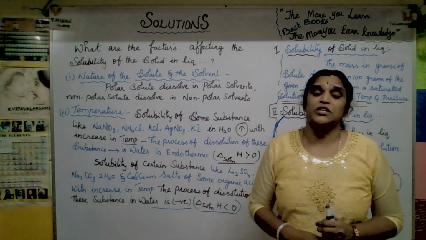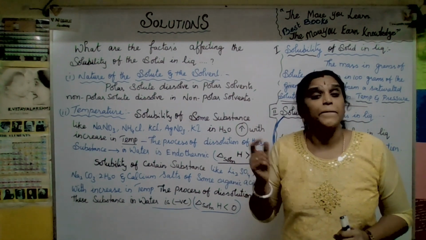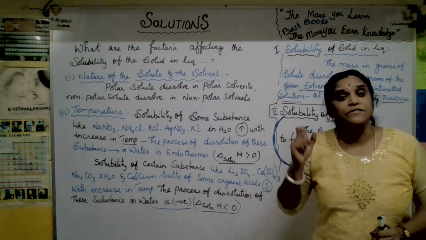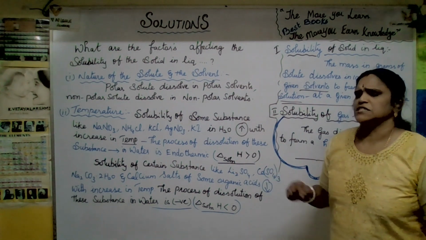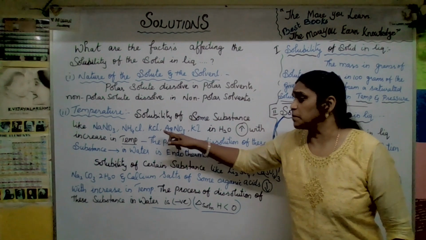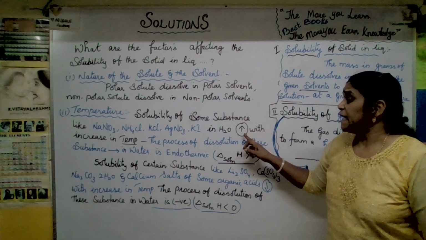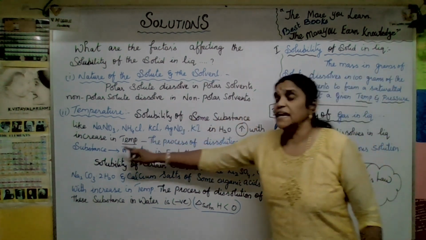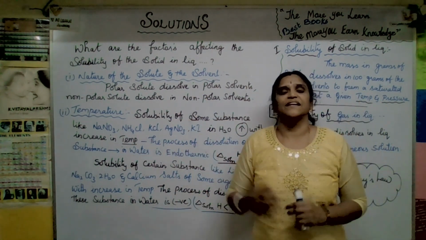Questions may be choose the correct answer or matching type, like brain teasers. The solubility of some substances, sodium nitrate, ammonium chloride, potassium chloride, silver nitrate, and potassium iodide in water, will increase with the increase in temperature.